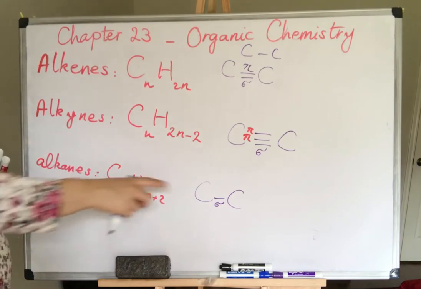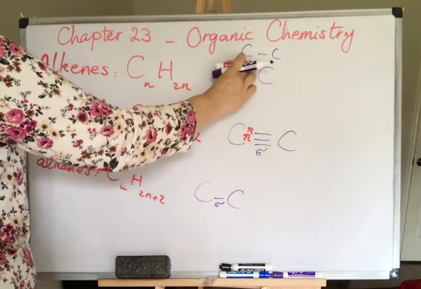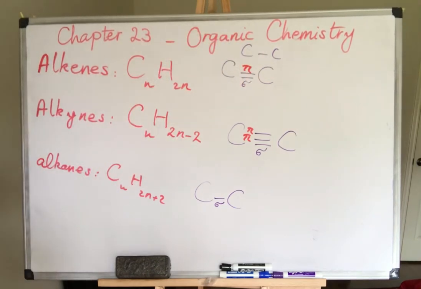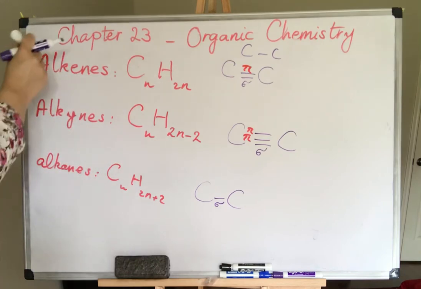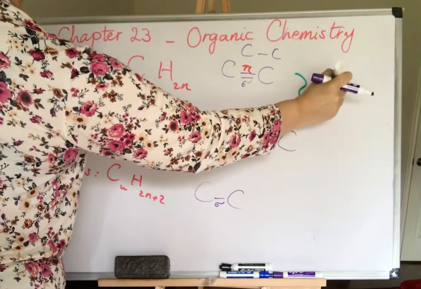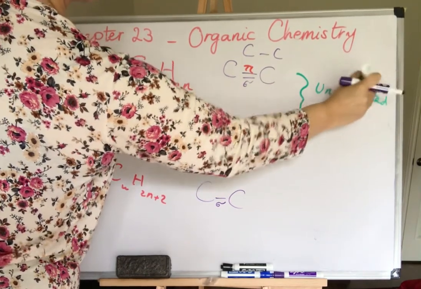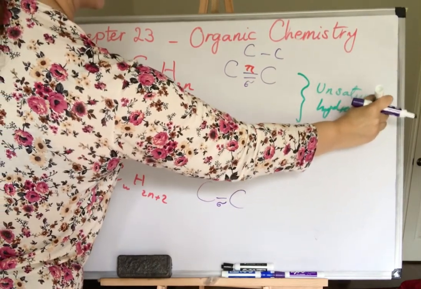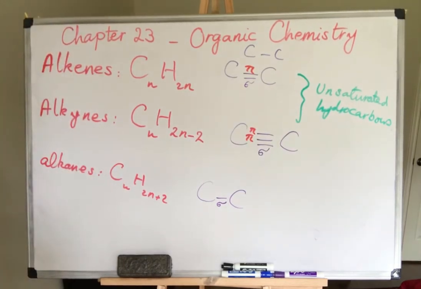In any case, you always have just 1 sigma, and the rest, whatever it is going to be, is pi, and you don't have more than a triple bond. So these 2, alkenes and alkynes, are called unsaturated hydrocarbons. You had them at the very beginning of this chapter.